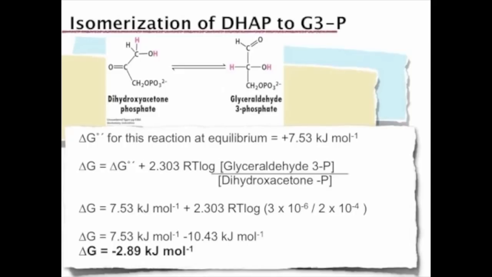Well, if we look at the equation below and plug in the molar concentrations of glyceraldehyde 3-phosphate and dihydroxyacetone phosphate, as they are generally found in the cell, we come up with 7.53 kilojoules per mole plus 2.303 times the gas constant times the temperature times the log of 3 times 10 to the minus 6 divided by 2 times 10 to the minus 4. And when we do the math, we come up with delta G as being negative 2.89 kilojoules per mole.